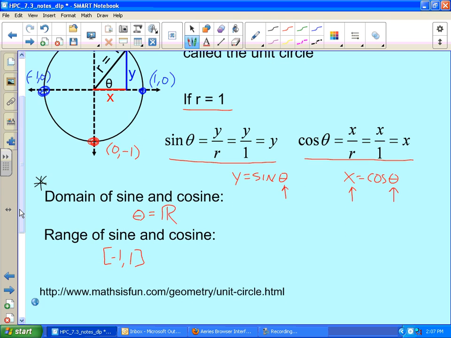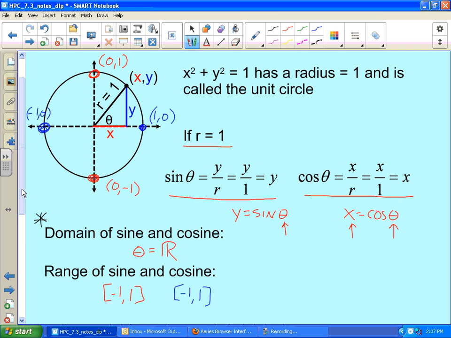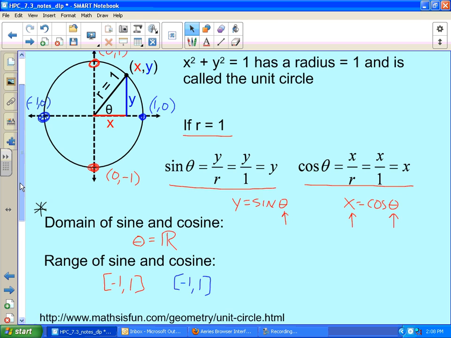And so it also has a range of -1 to +1. So they both have the same range, and they both have the same domain. And when we graph these things, you're going to see they're called periodic functions because they repeat their pattern. They're a bunch of wave-looking things.